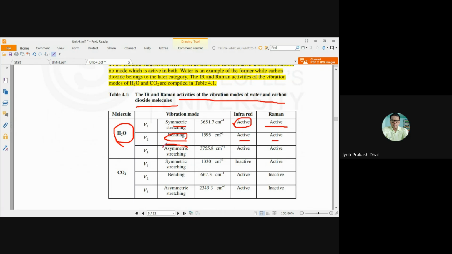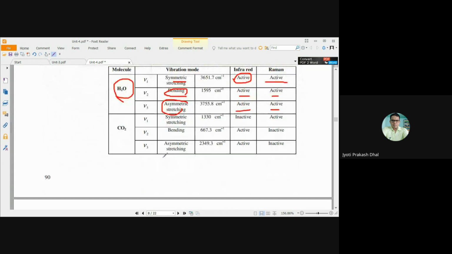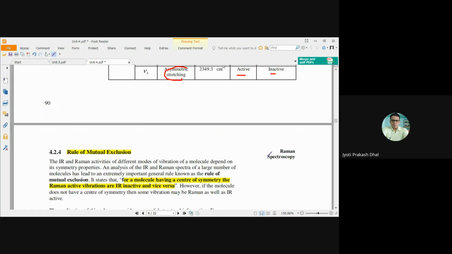The next one is asymmetric stretching, that is infrared active, Raman active. And for carbon dioxide, there are three vibrational modes. The first one is symmetric stretching, IR inactive, Raman active. For bending, IR active, Raman inactive. For asymmetric stretching, IR active, Raman inactive.